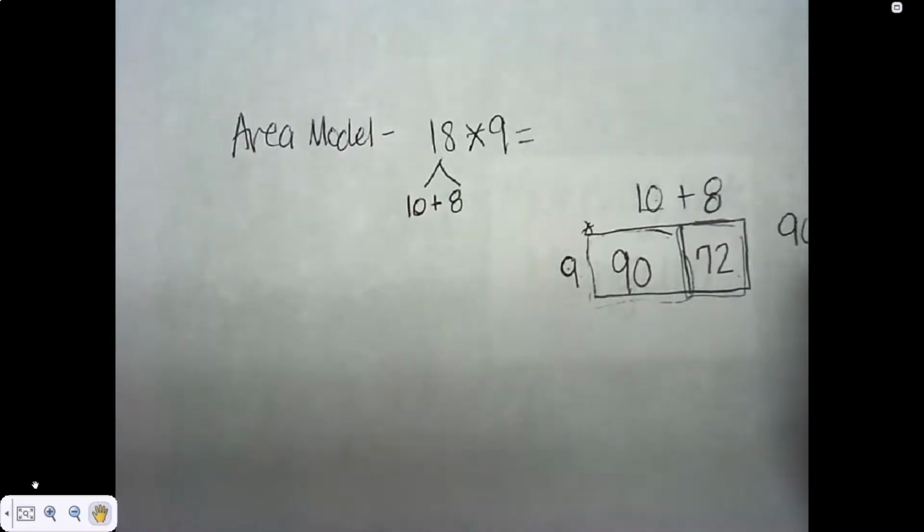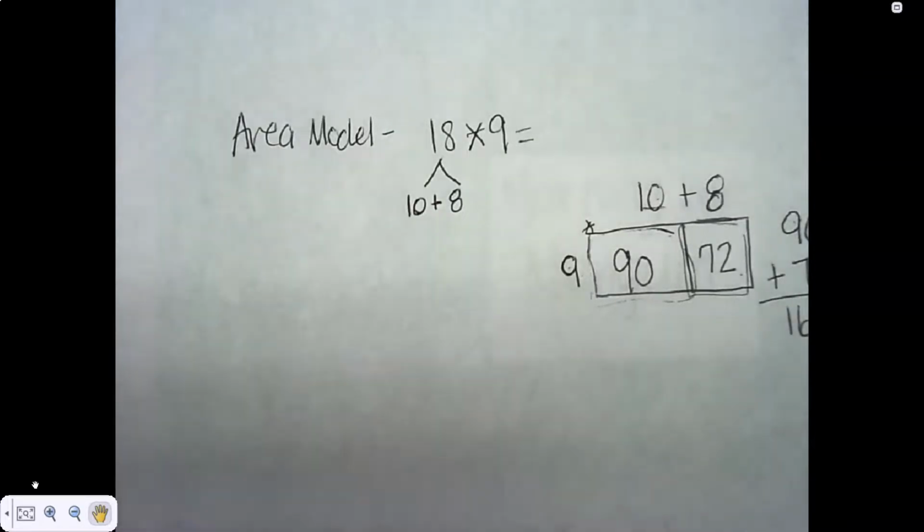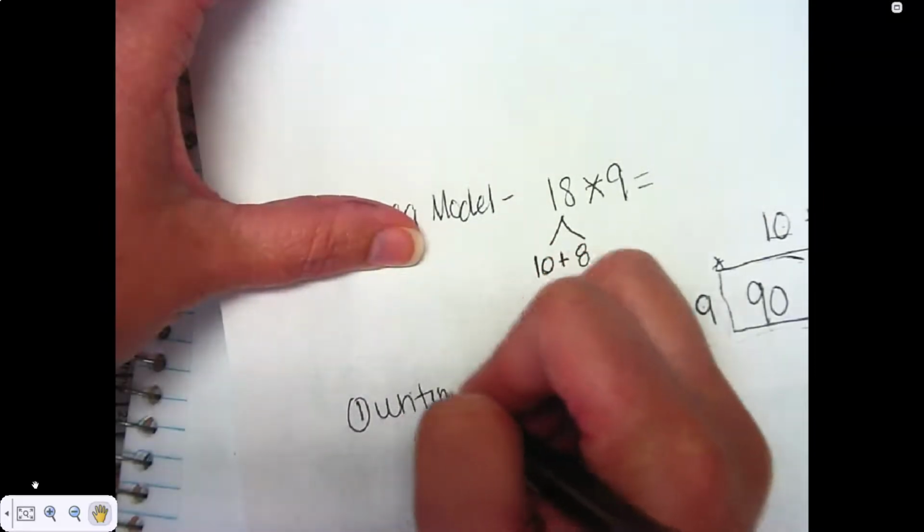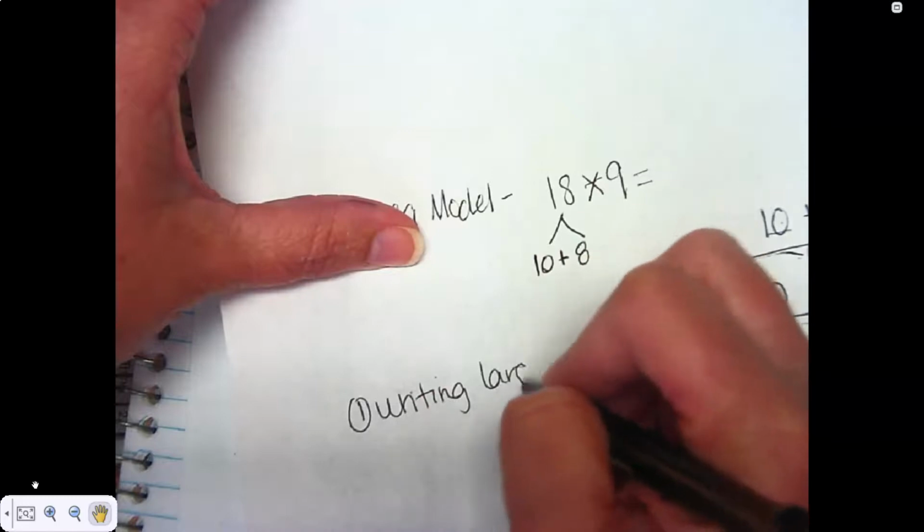Now I'm going to add them back together to find my product. So 0 plus 2 is 2. 9 plus 7 is 16. So 18 times 9 would give me 162.